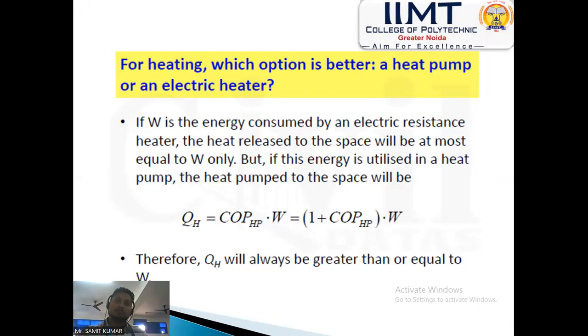The equation shows that the work consumed by the electric heater releases the same amount of heat, but a heat pump takes in some work input and gives more heat than the electric heater. So the heat pump is a better choice compared to the electric heater for general use.